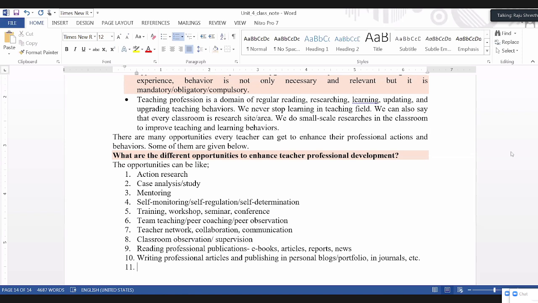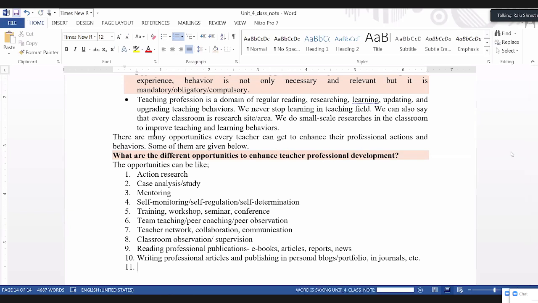This is not a comprehensive list, not a final list. There are many other actions, many other activities we can do to enhance our professional knowledge and behaviors.